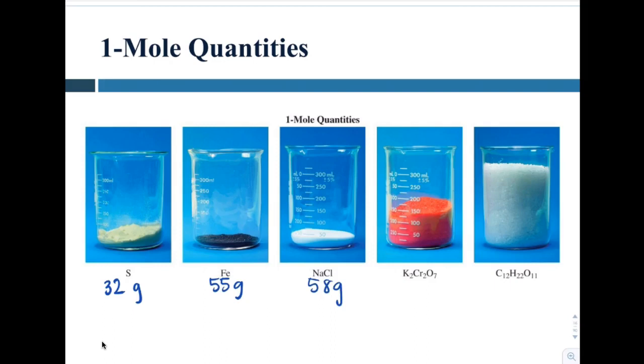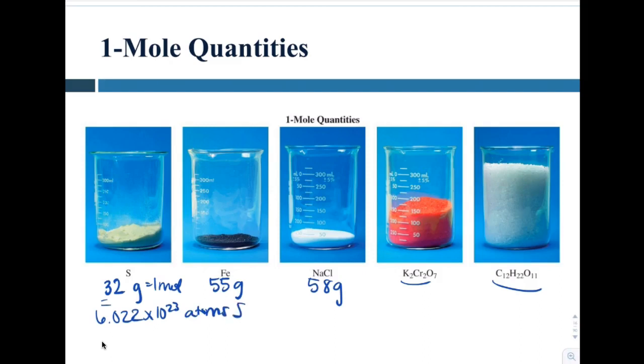And these other ones I'm not sure off the top of my head, but they're obviously more per mole because they've got more atoms in those formulas. And so you know that if this is equal to 1 mole, then this is also equal to 6.022 times 10 to the 23 atoms of sulfur.